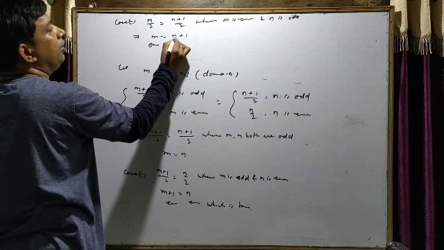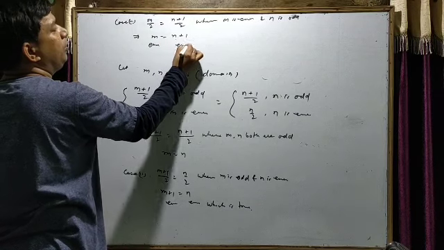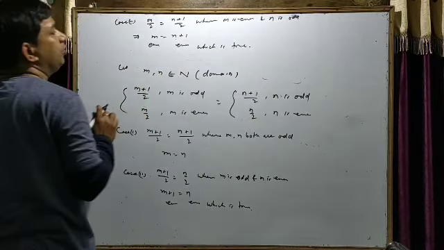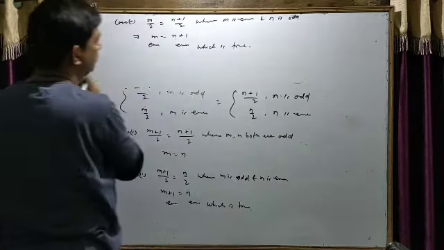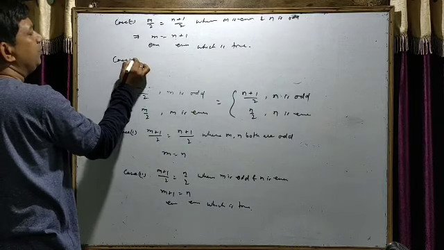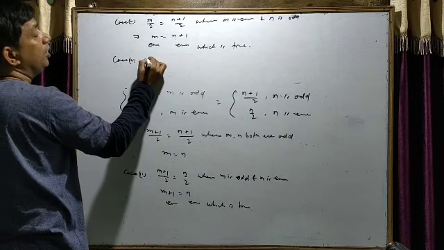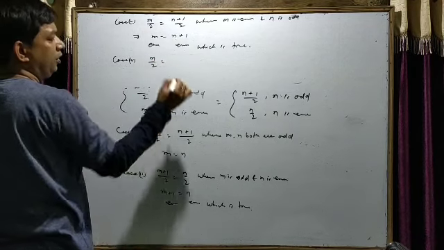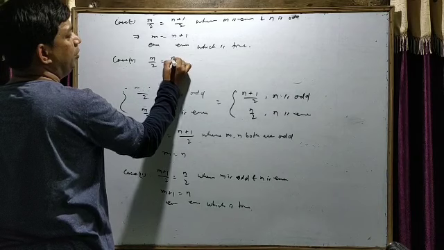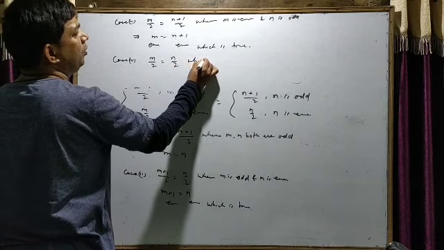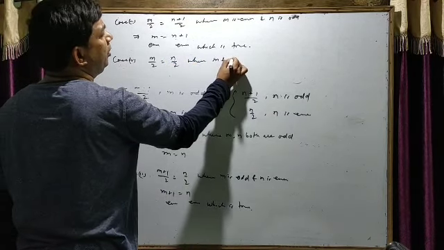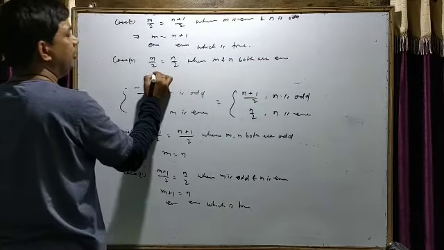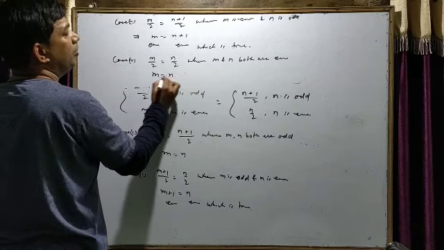So m is even, and odd plus 1 is also even, which is true. Next, case 4: m/2 equals n/2, where m and n both are even. So in this case, m equals n.